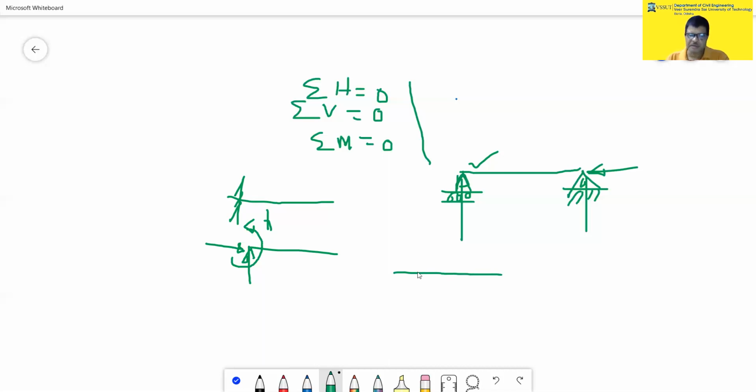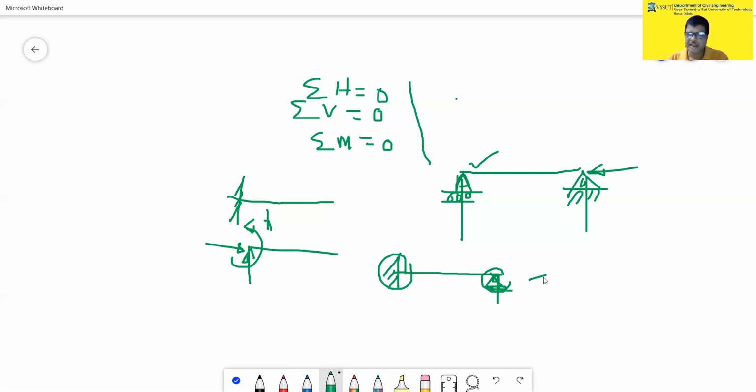Now, let's come to a propped cantilever. Here there is a fixed support at one end and a roller support at the other. The roller support is replaced by a vertical reaction.